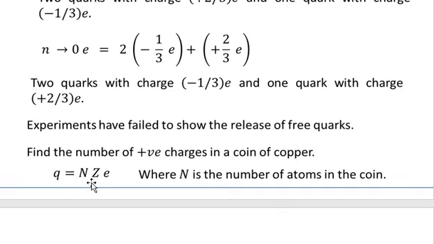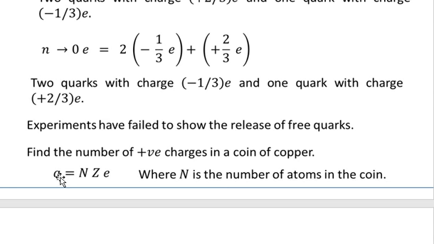Q is equal to N times Z E, where capital N is the number of atoms present in the coin, capital Z is the atomic number, and E is the fundamental charge, that is the charge on the electron.